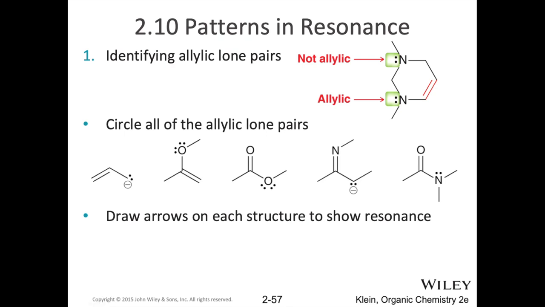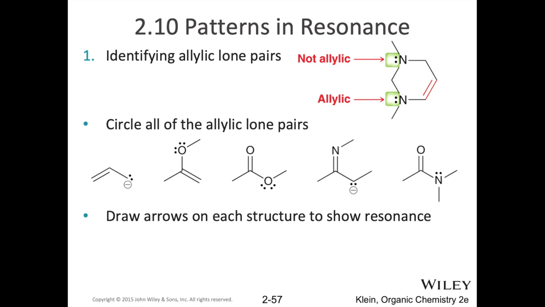With that in mind, you should be able to identify your lone pairs as being allylic versus not. Remember, your allylic position is an atom that is not your double bonded atom, but one away from that. If you have a lone pair on that atom, we call that an allylic lone pair, and it can be involved in resonance.